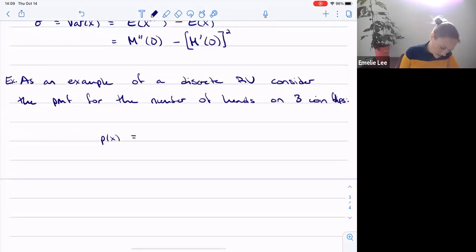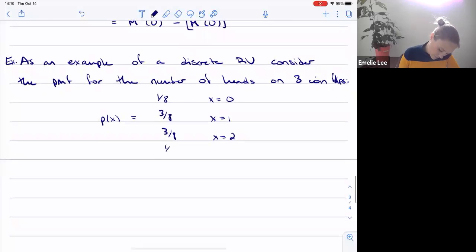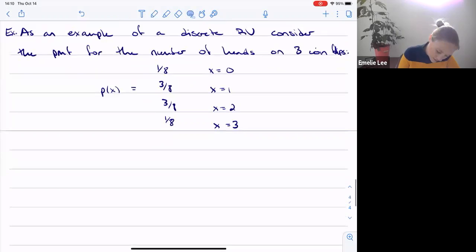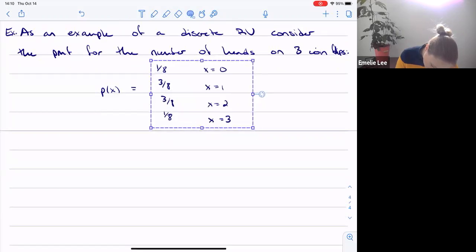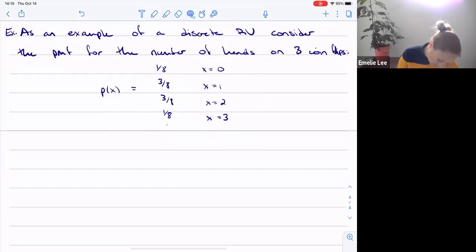So P of X is 1 in 8 if X is 0, 3 in 8 if X is 1, 3 in 8 if X is 2, 1 in 8 if X is 3, and 0 otherwise.